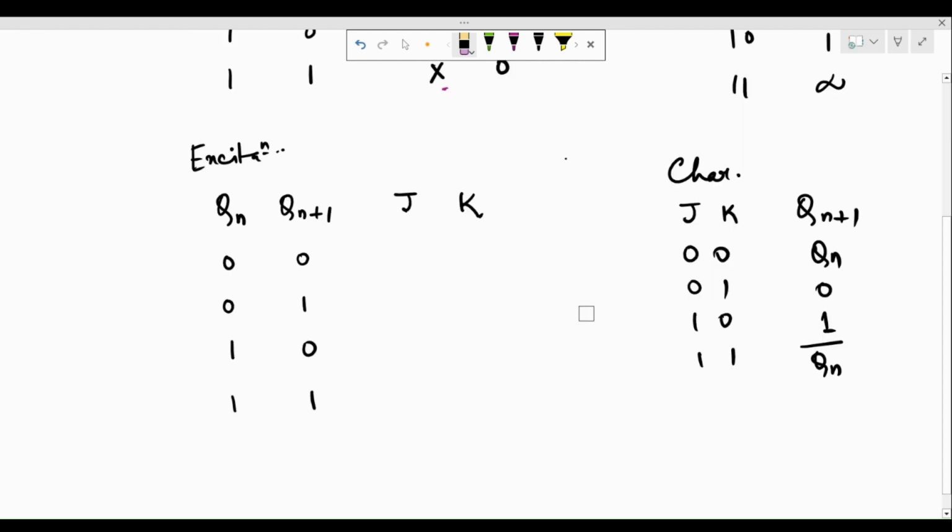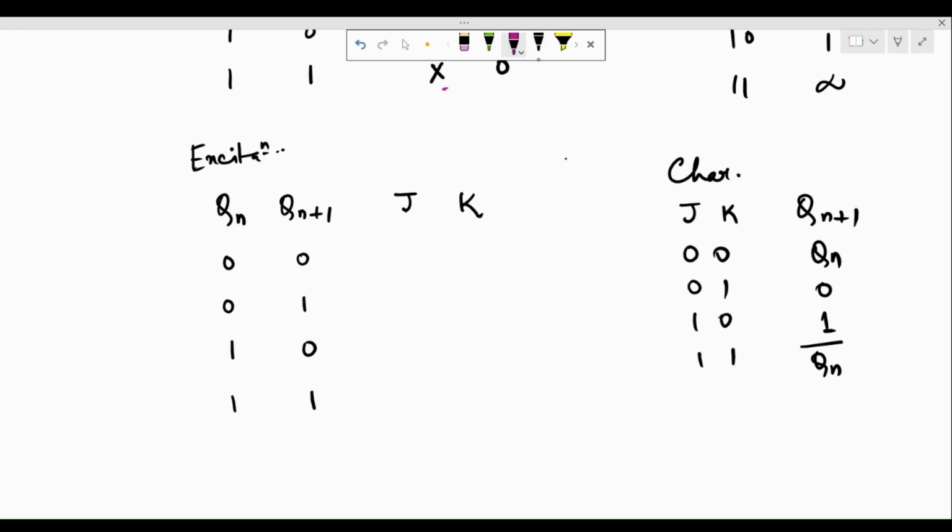So moving on to the JK flip flop, we see that on the right hand side we have the characteristic table, and we are going to derive the excitation table for this. So here in the first case, the present state is 0 and the next state is also 0. This is possible only under two situations.